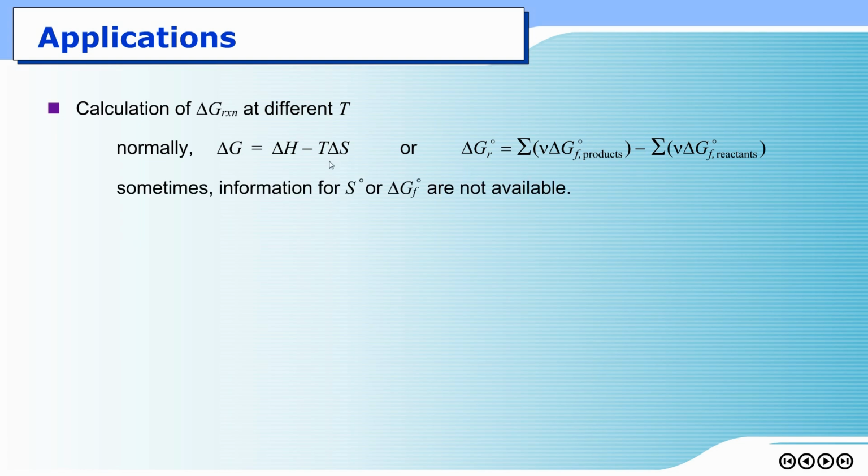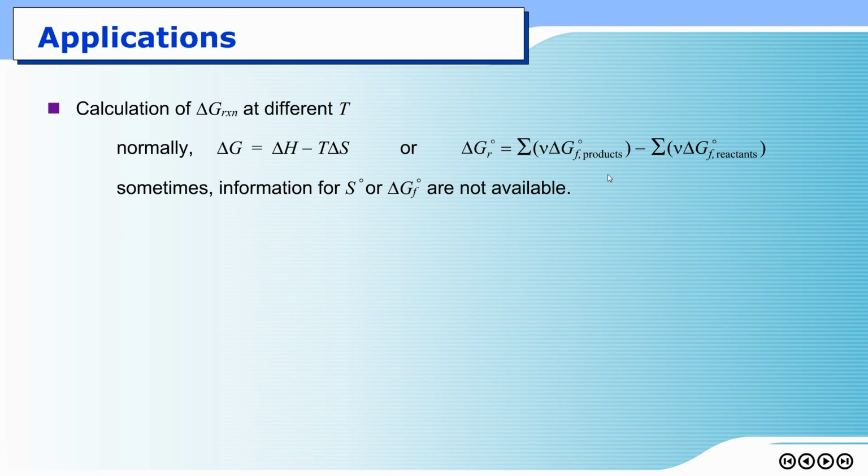So if you don't have the data for entropy or Gibbs free energy of formation at the temperature of your interest, then these two would sometimes be hard to use directly. So we need to start from the standard temperature and then move on to the temperature of interest. This is how we can do that.